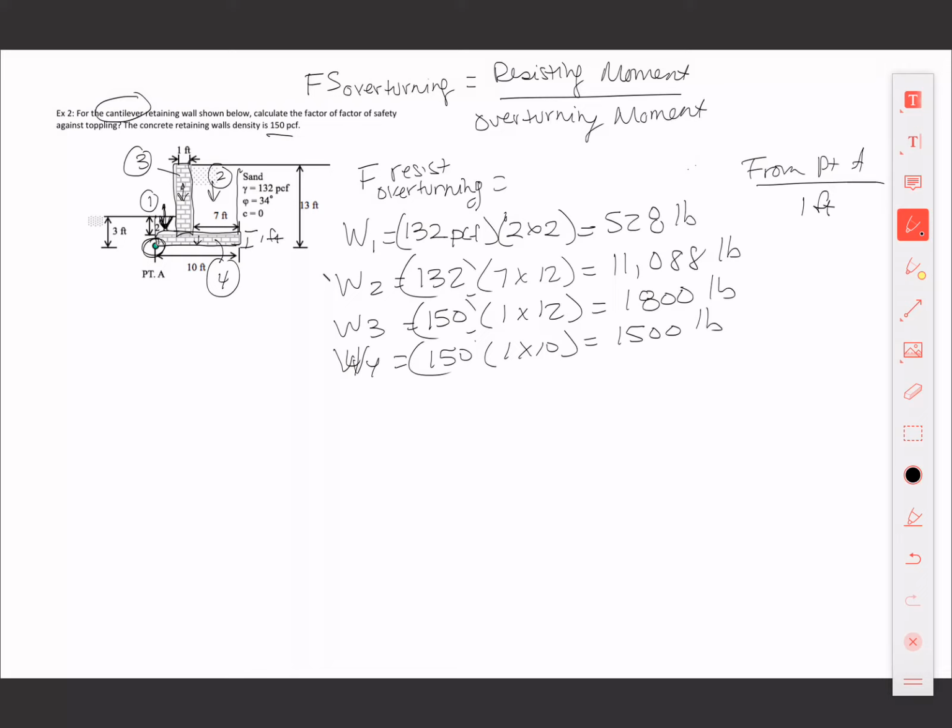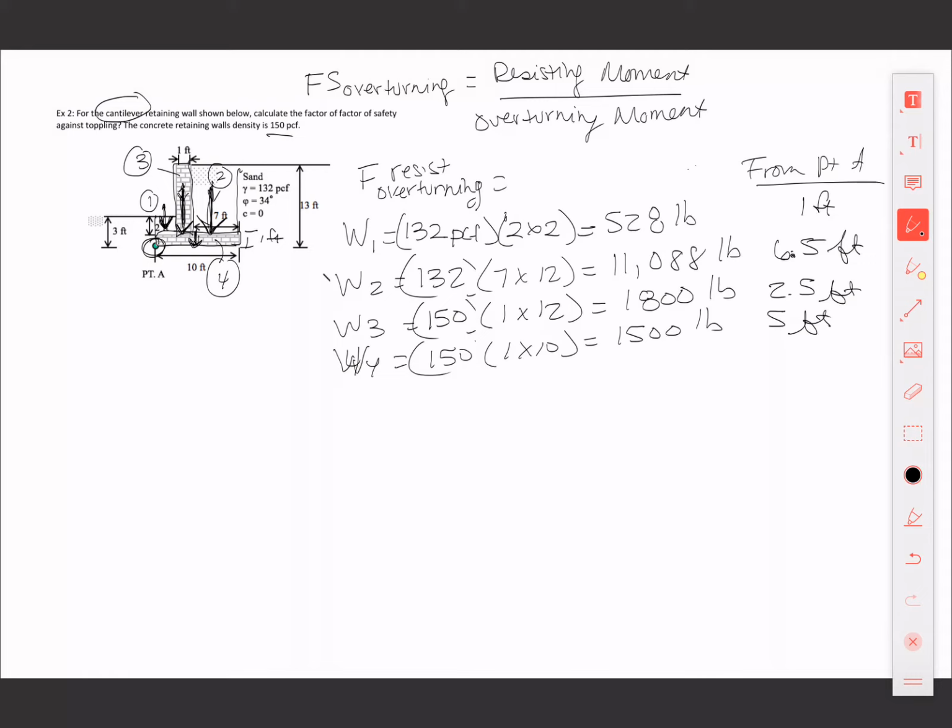Force 2 is over here. It's acting in the center of that, at 6.5 feet from point A. Force 3, which is center here, is acting at 2.5 feet. And force 4, which is this bottom section, is acting in the center, which is 5 feet.